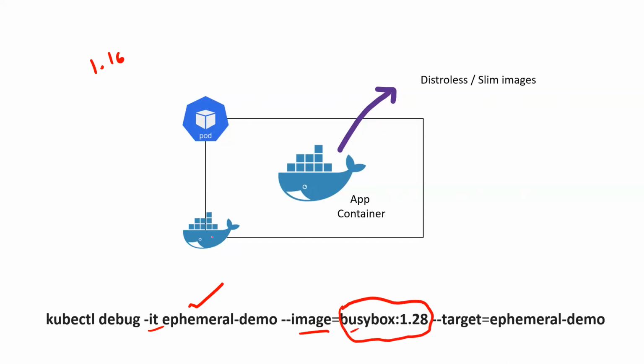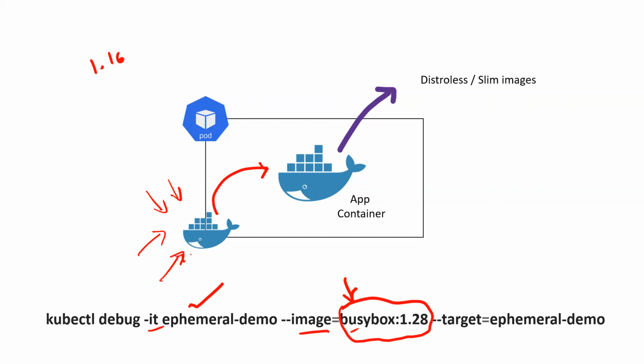What it does is simply create one more container with whatever image is supplied, and with that image, it connects to this particular application container. In this ephemeral container, we can install whatever utilities we need, and then we can execute commands and check the files, all those kinds of things.